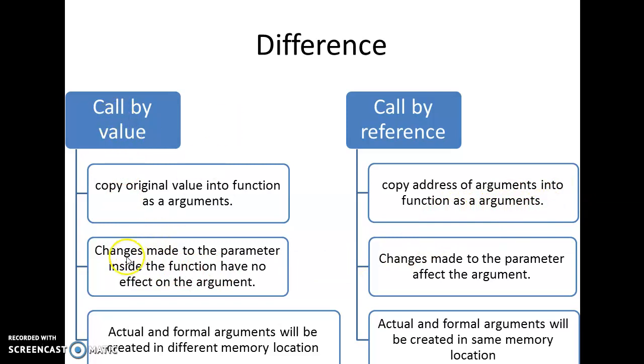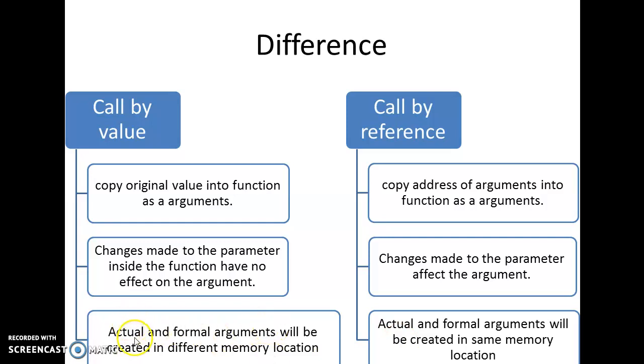In call by value, changes made to the parameter inside the function have no effect on the argument. That means the parameter changes will not be reflected in the main, whereas in call by reference, changes made to the parameter affect the argument.